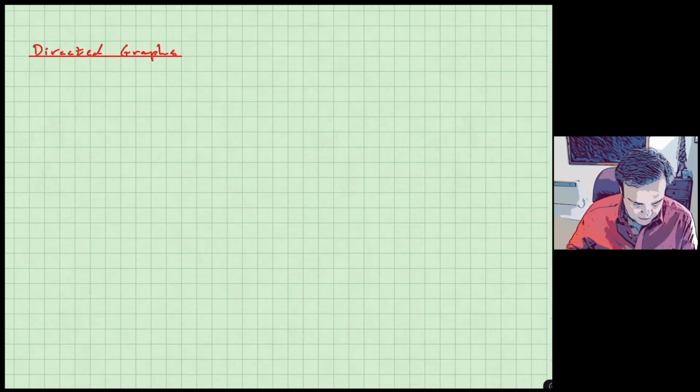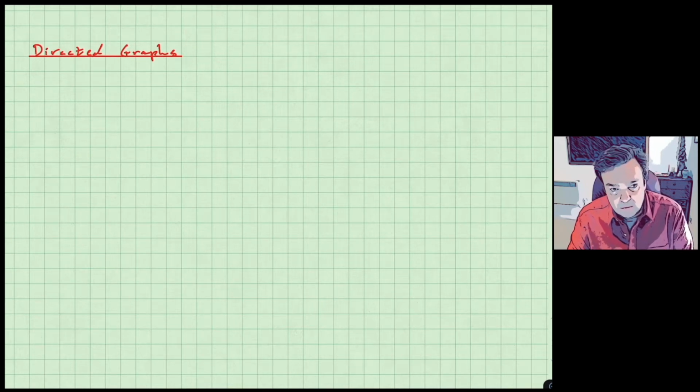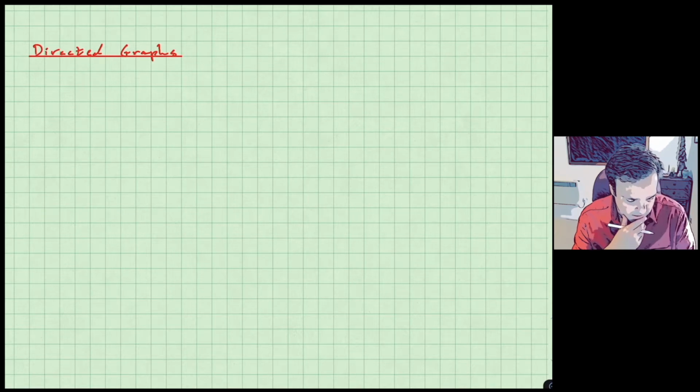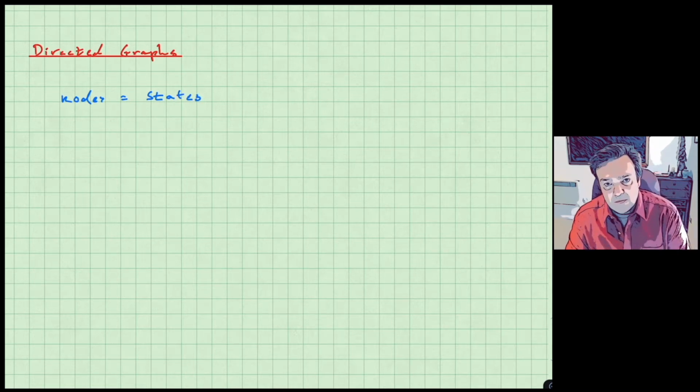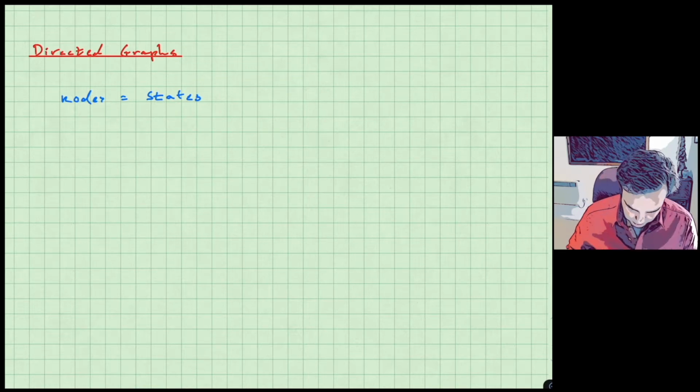So the idea of a graph is that there are nodes and there are edges. And a directed graph is such that there's a direction that goes along with those edges. So the nodes on our graph are going to be states of the system that we're trying to model. We'll make that clear in a second from our example.